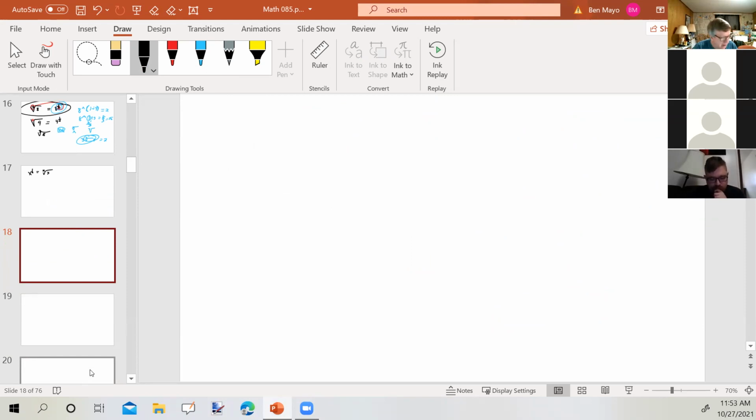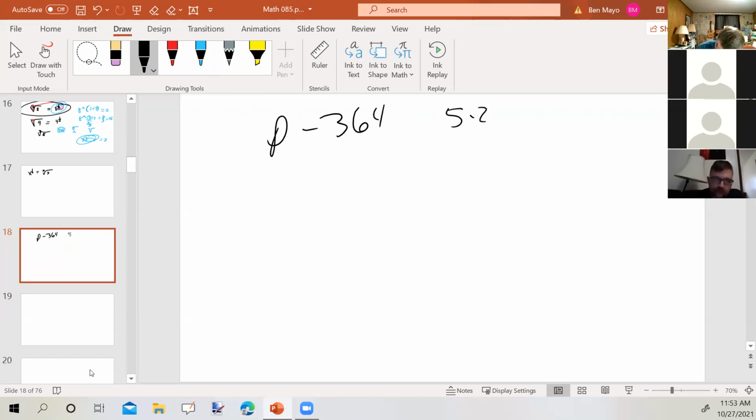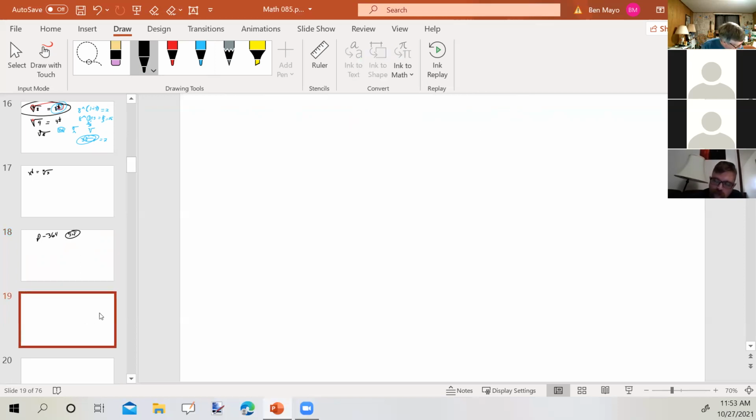Back in section 5.2, on page 364, at least in the regular textbook, it has all of the rules, the properties of exponents. I'm going to be reviewing them as we go, but if you want a more extensive review of them, okay?